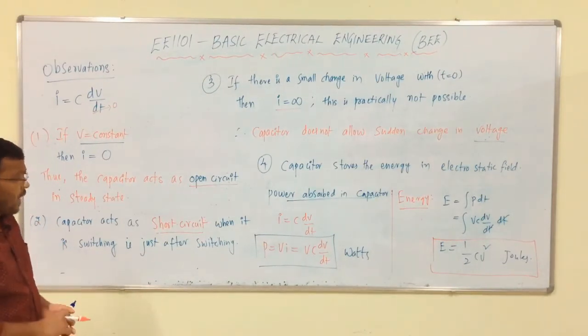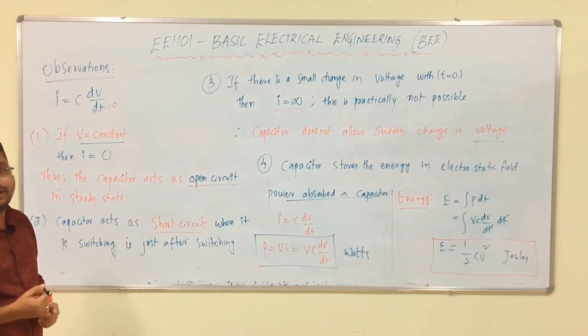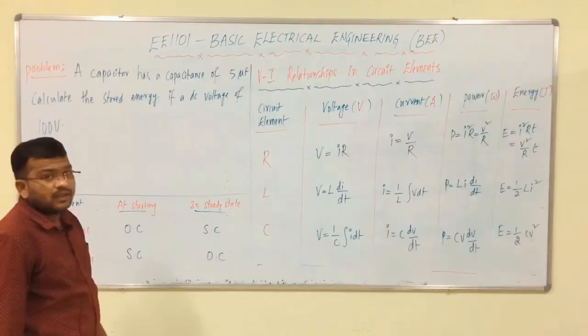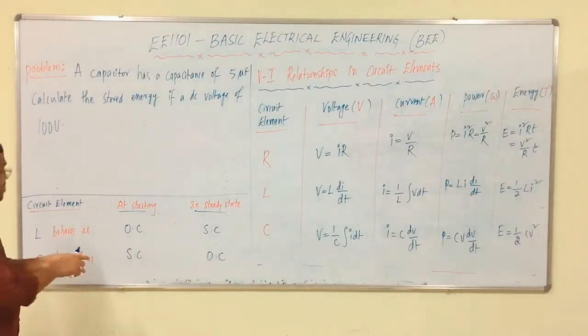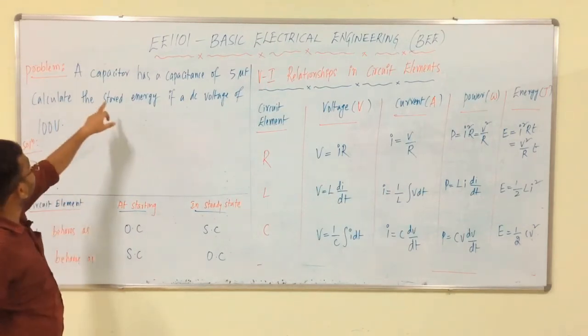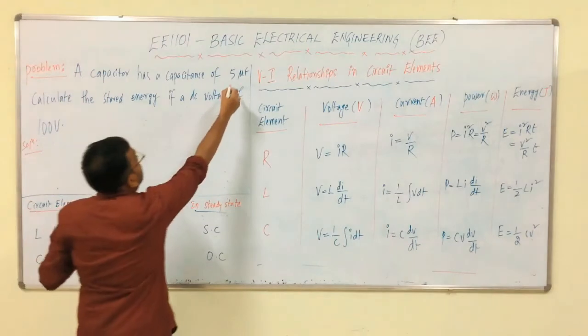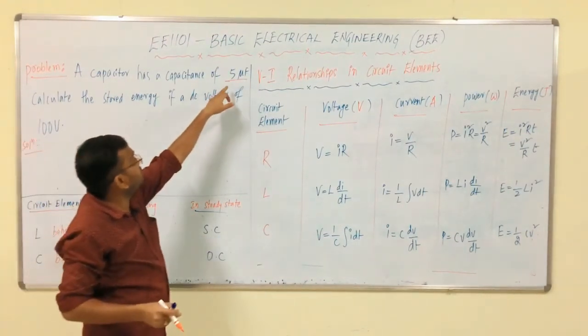Now, we have to summarize the formulas of these three components R, L, C and these conditions. Before that, we have to solve one problem with respect to the capacitor. A capacitor has a capacitance of 5 microfarad. Sorry, I forgot to tell the units of the capacitor.